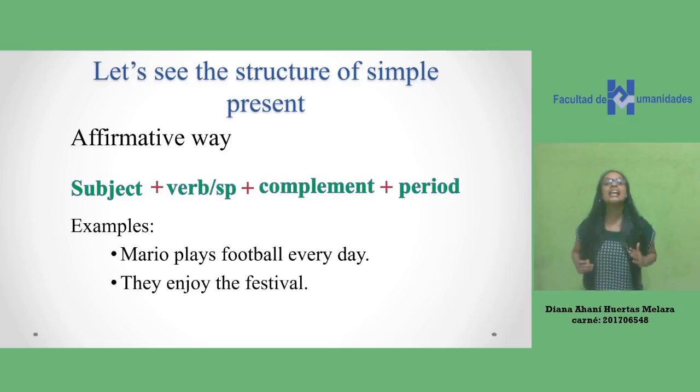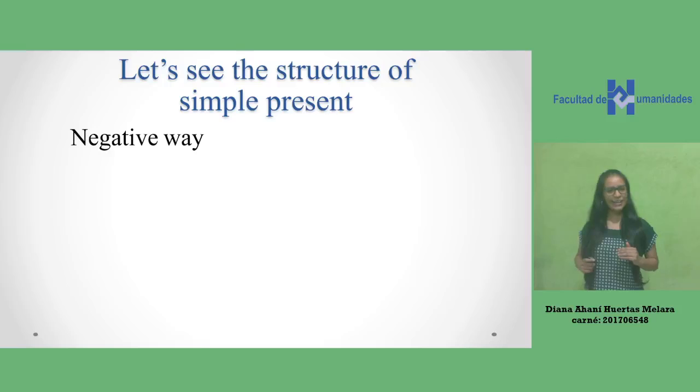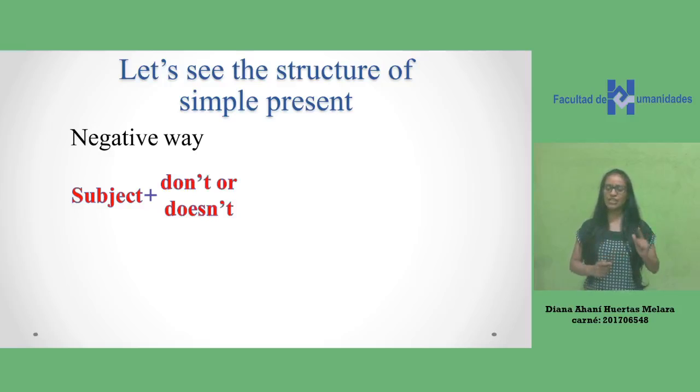Okay. Now let's see the structure of simple present in negative way. You need first subject plus, so that is negative way, so you need don't or doesn't because it is negative, plus complement plus period, right?